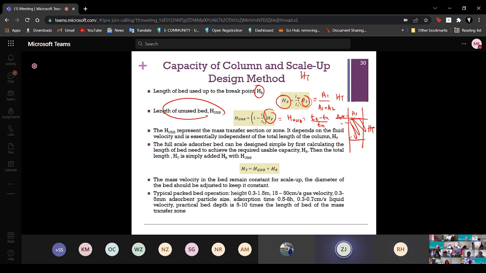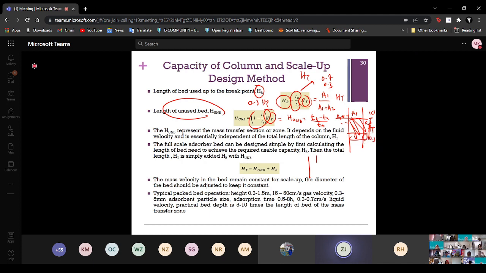Alright. Ataupun you dapat ratio ni, katalah ratio ni is equal to 0.7. So this one gonna be 0.3 lah. Ratio kat sini 0.3 times HT. Pasal kalau you buat bed height ni, total is 1.0 the ratio. So kalau you ambil 0.7 is HB, so this part gonna be 0.3.